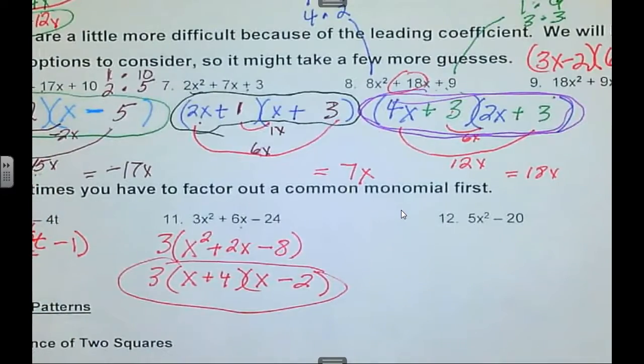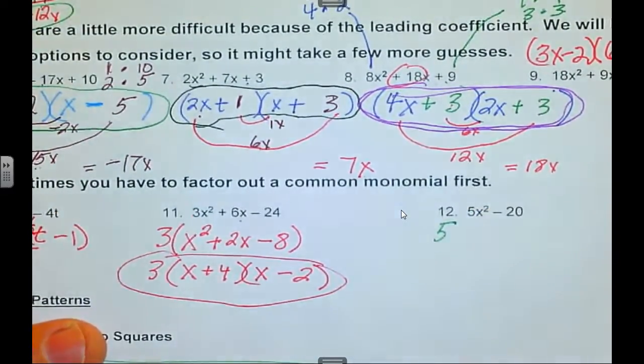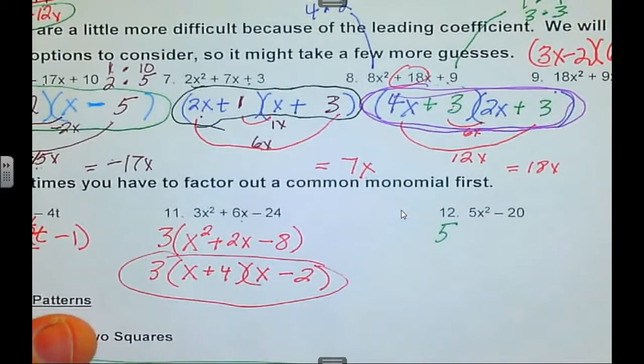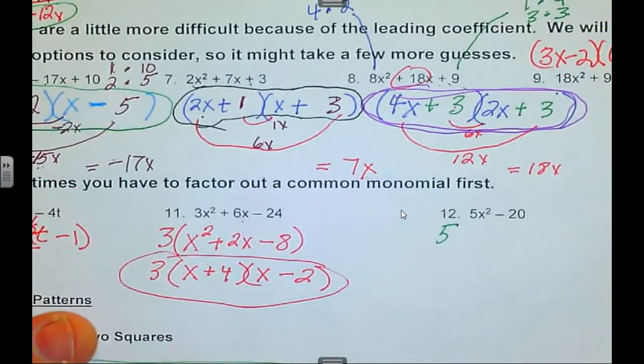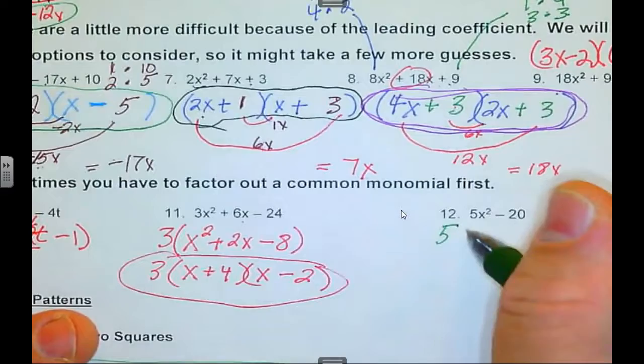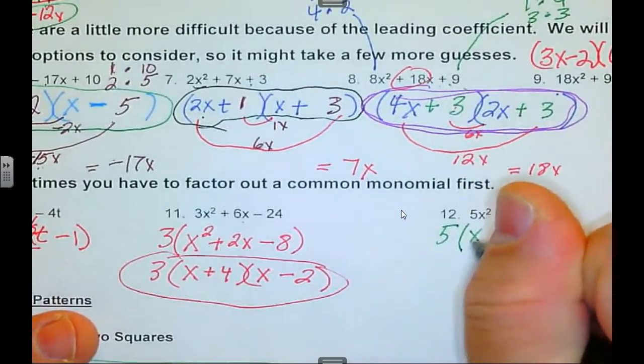All right, number 12. We could take out a 5. But please, when you are taking out a factor, make sure you carry it throughout the problem. So if I take out a 5, what do I have left out of 5x squared? x squared.